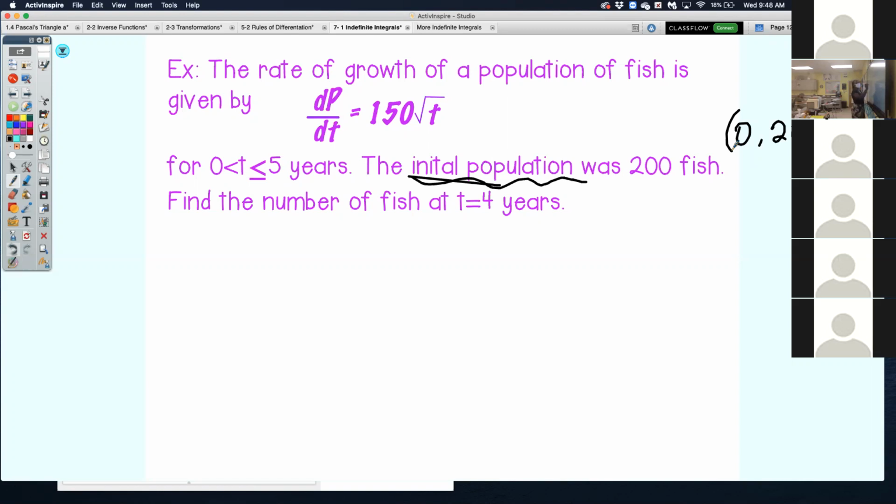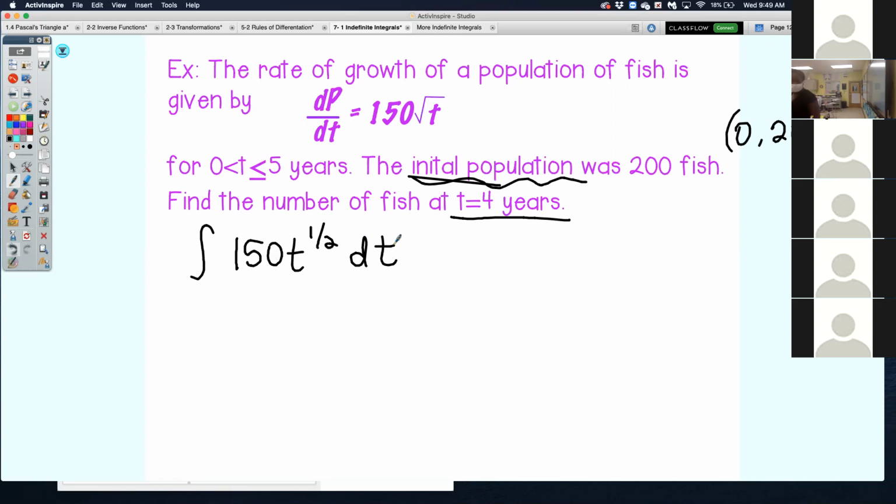Then to find my number of fish at 4 years, once I have my general equation, all I have to do is plug in 4 for t. So I do need to take the antiderivative of 150 t to the 1/2 dt. I'm going to change that square root into the rational exponent that I need to use. Now I need to take my antiderivative of 150t to the 1/2.